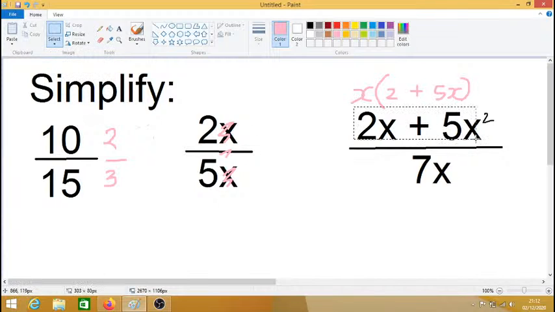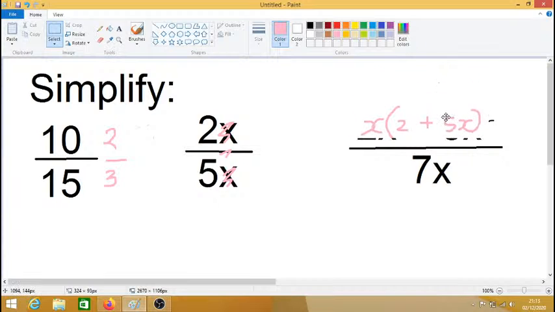And I can replace that. I can replace the 2x plus 5x squared with the bracket version. And now you can see that I've got x on the top being divided by x on the bottom.